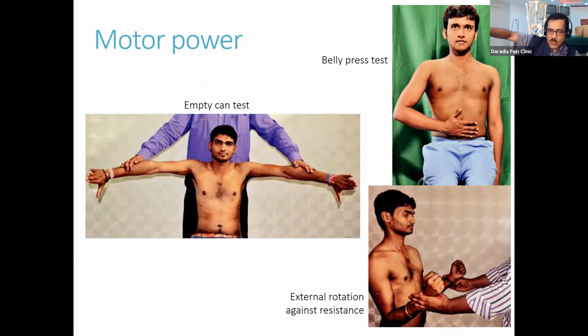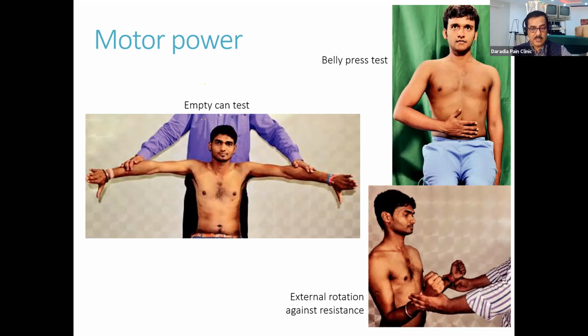Putting the thumb downwards, if you are elevating, abducting, then it is the supraspinatus muscle. So the middle part of the abduction is by the supraspinatus, and the examiner, standing posteriorly, will be resisting, and the patient will be asked to elevate the hand, keeping the thumb down. That is your empty can test, supraspinatus.